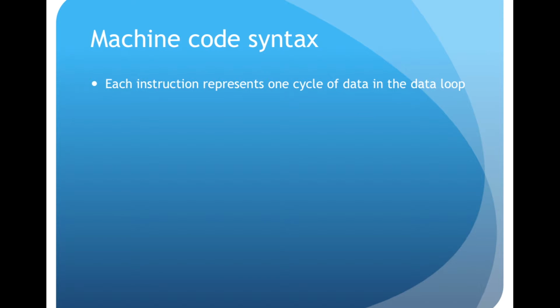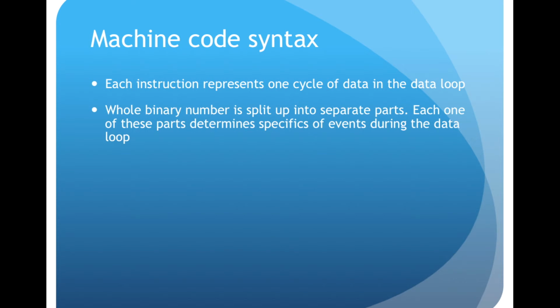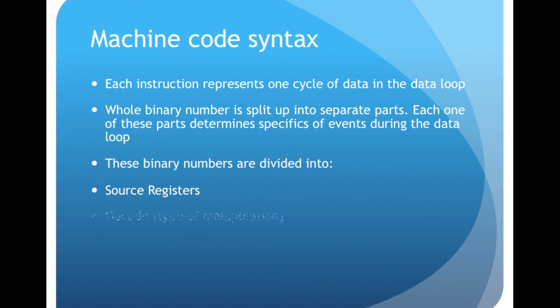So what we're going to do is have different parts of our binary arrangement represent different parts of this data loop. So for example, we're going to have a source from which the information is going to come, something that's going to tell us how we're going to manipulate the data, and finally, something that is going to give our destination register.